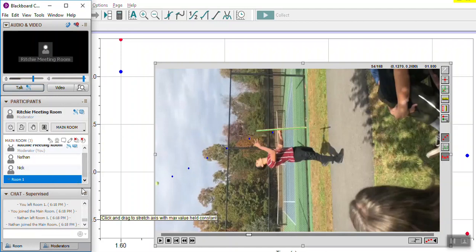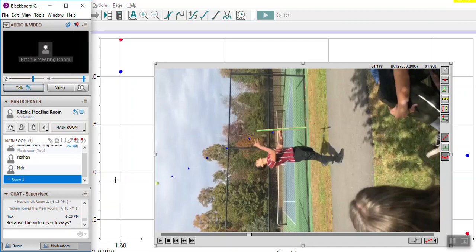So does anyone have any ideas that you can chat in the chat room about what might be happening? Why are we getting these negative numbers? We just did a warm-up as to why, of what direction. We know it's going up. Why are the numbers negative? If you could chat in a response.